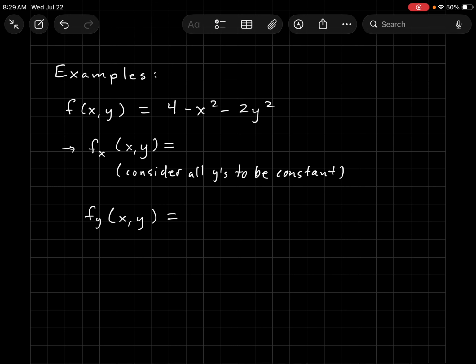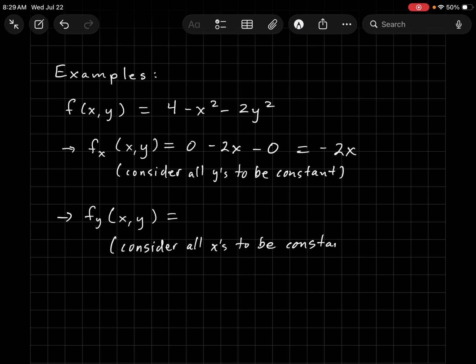So the partial of f with respect to x would be 0 minus 2x minus 0 again, because we just treat y as a constant. Similarly, if we're doing the partial derivative of f with respect to y, we consider or hold all x's to be constant. We treat them as constants because they're not changing. So the partial with respect to y would be 0 minus 4y.